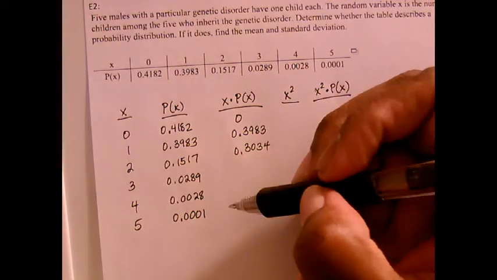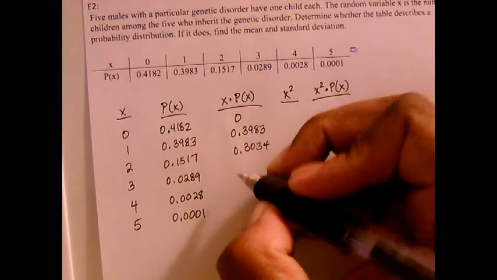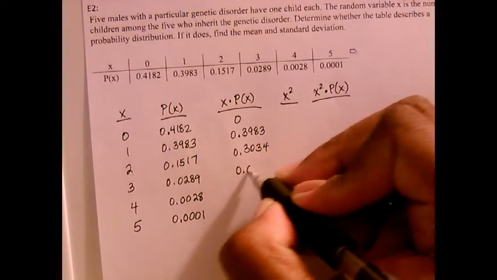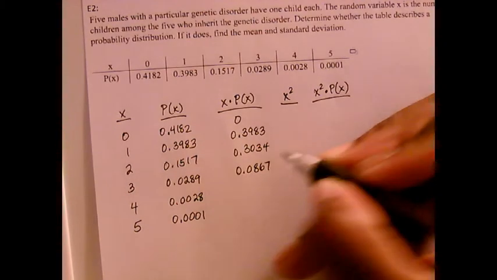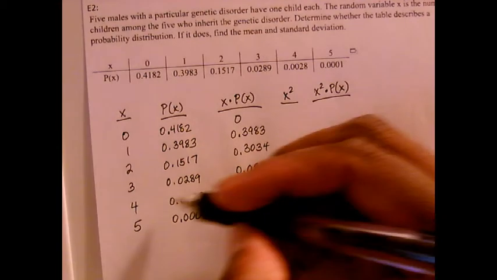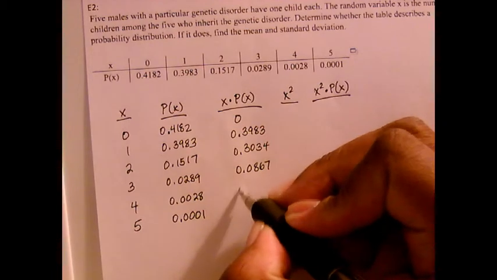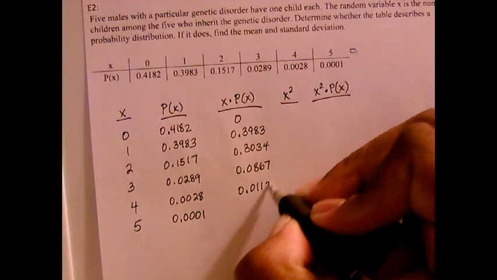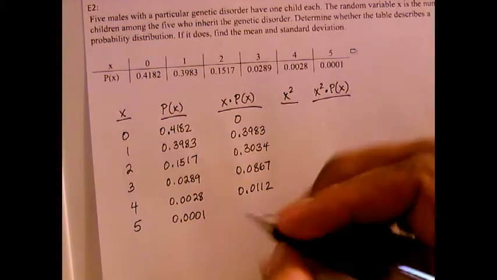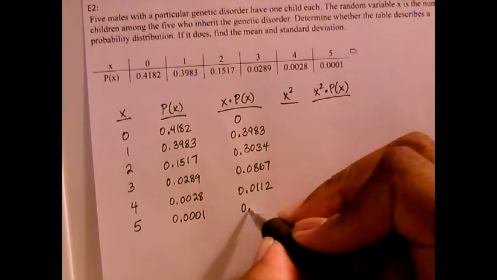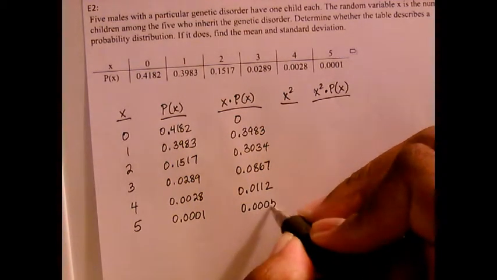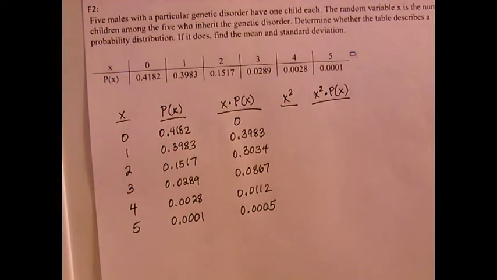And then 3 times 0.0289 would be 0.0867. And then 4 times 0.0028 will be 0.0112. And then 5 times 0.0001 will be 0.0005. Okay, so you can see the x times p of x column is completed.